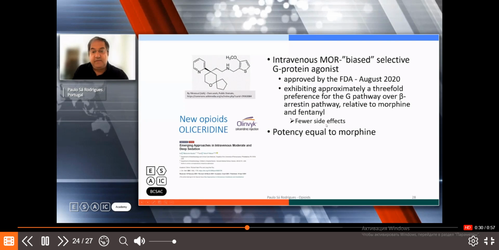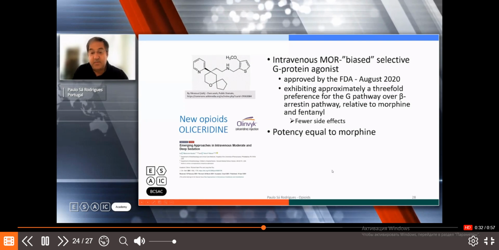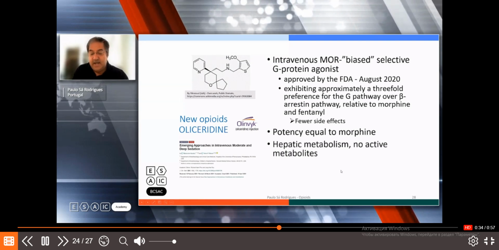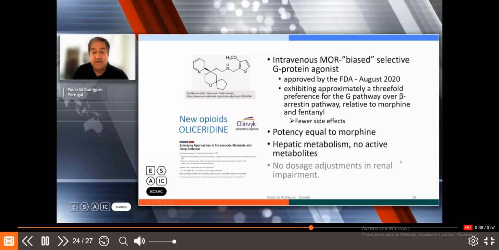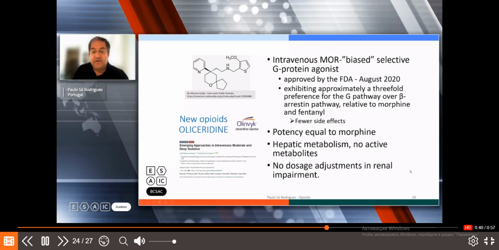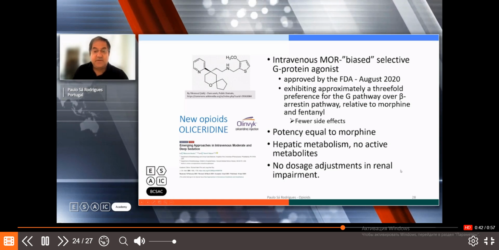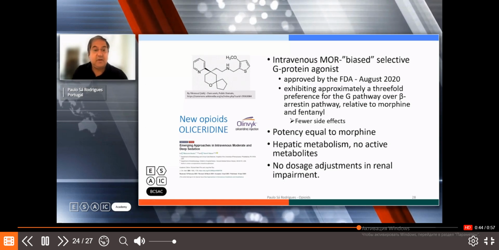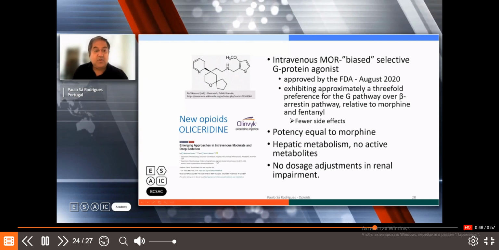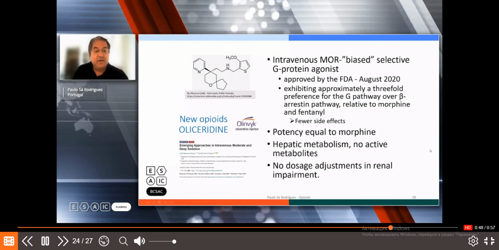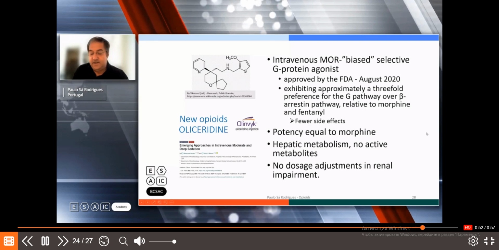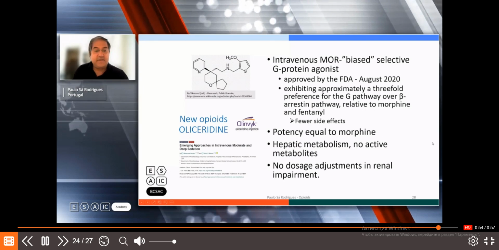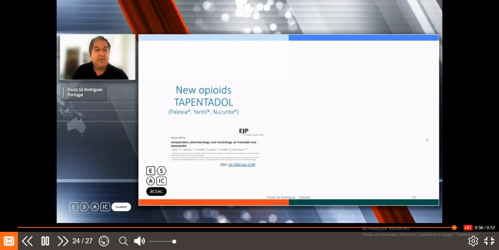So with fewer side effects, it has a potency equal to morphine, hepatic metabolism, but no active metabolites. And there are no dosage adjustments in patients with renal impairment. So it's quite a new drug being used mainly in the United States for the moment.